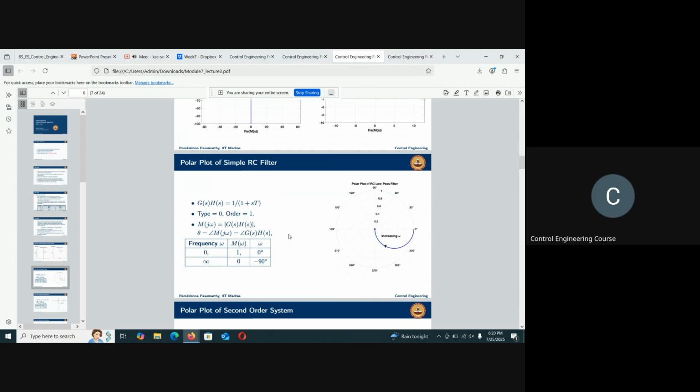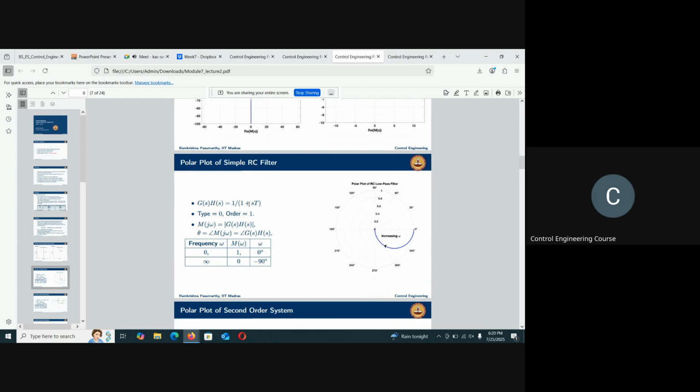For example, take this transfer function 1 by 1 plus sT. When you put s equal to j omega, you get 1 by 1 plus j omega T, right? Assume T is 1 just for simplicity. So you'll get 1 by 1 plus j omega.